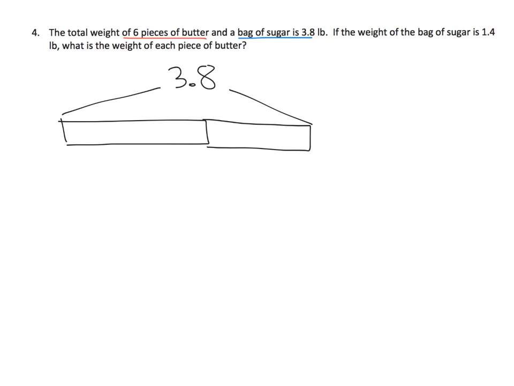All right. Now over here it says if the weight of the bag of sugar is 1.4, so I'm going to put butter and sugar, and we were just told that the sugar is 1.4 pounds.